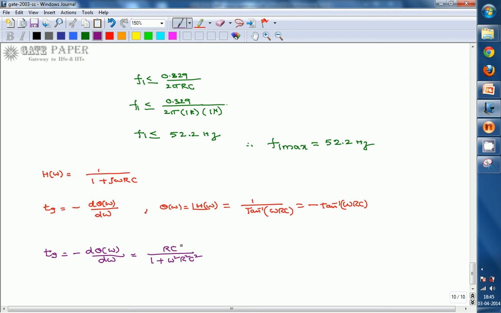Now substitute the values of RC and 2 pi f.